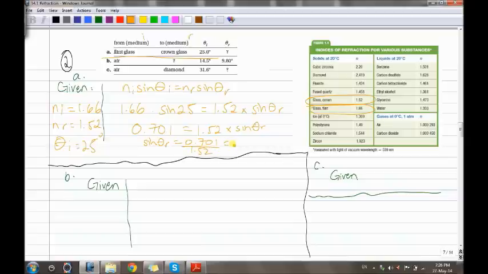So the answer is 0.461. So sine inverse, and the answer for the angle is 27.4 degrees. So that's the answer.